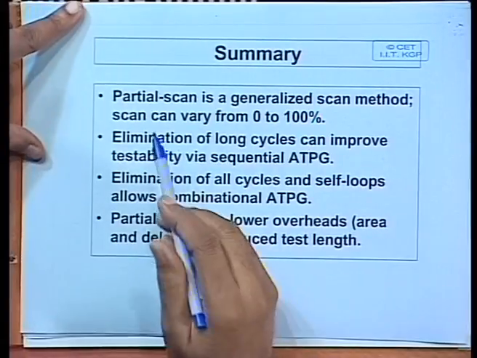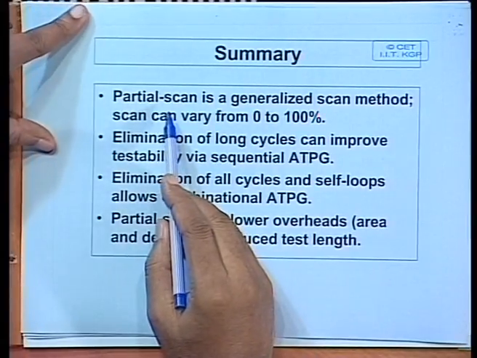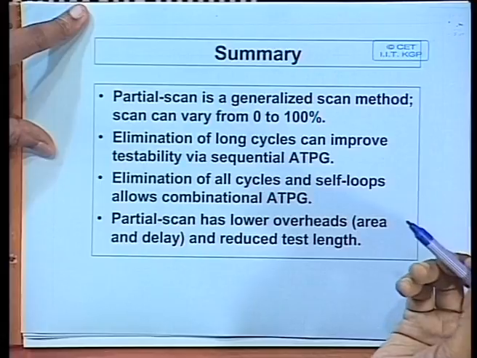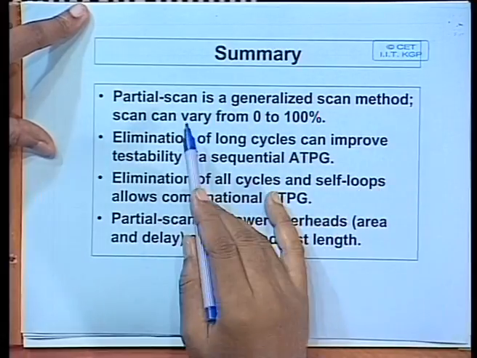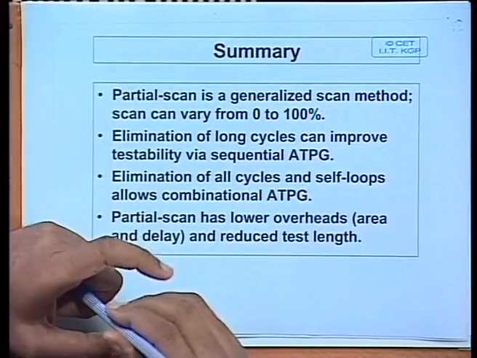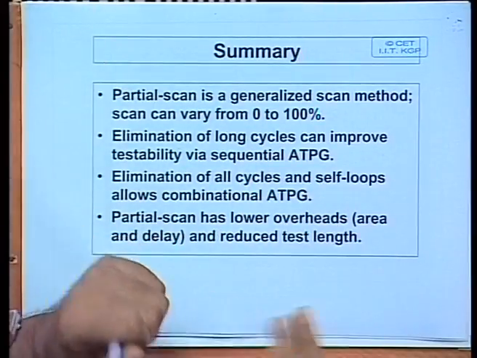So, to summarize, partial scan is a technique which is more practical, you can say, because if your circuit has 10,000 flip flops, there is no point in converting all 10,000 of them into scan flip flops. Moreover, just try to think, in a design you can have many registers. Say I have a 32-bit register, I can have 20 such registers. So, 20 into 32, straight away I have about 600 flip flops.